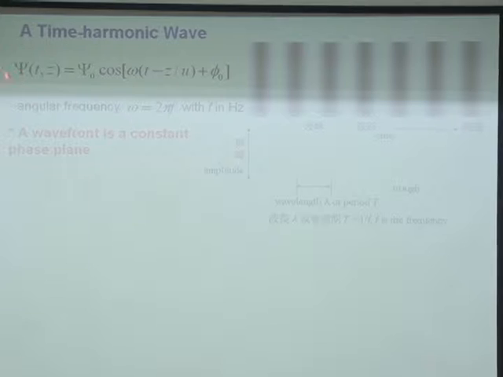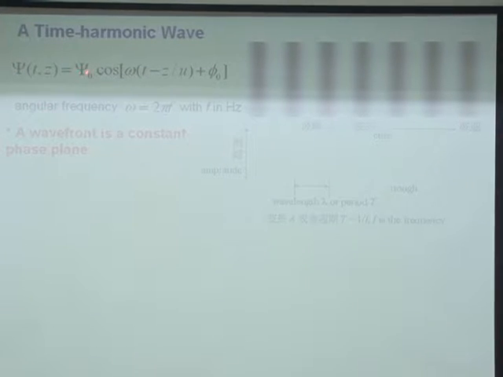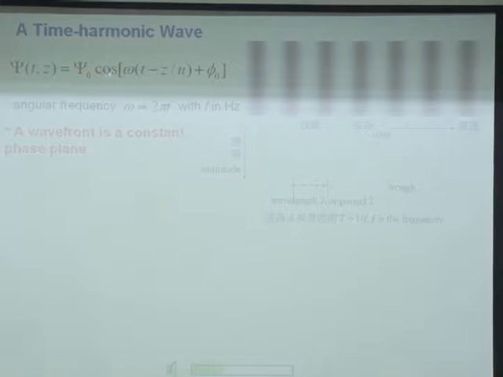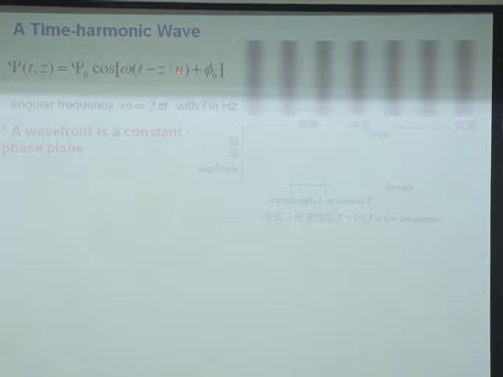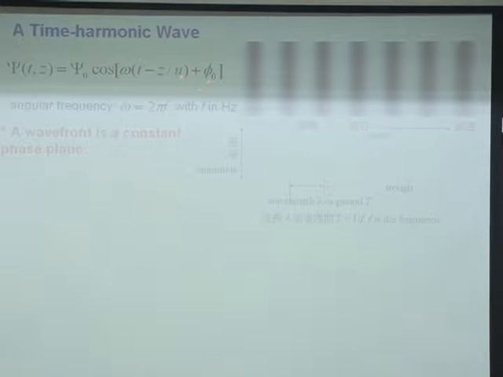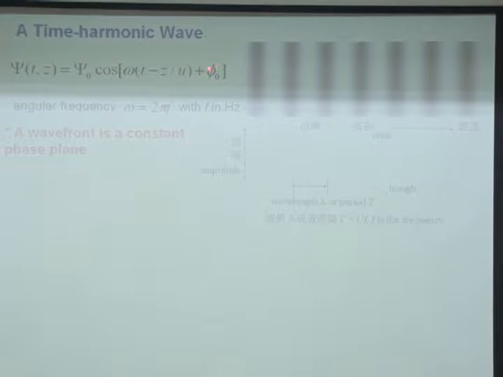And so we express the amplitude, the solution of the wave into this expression. This is the amplitude of the cosine. And then for plane wave, we put t minus z divided by u into this expression. But at t equal to 0, at position equal to 0, then you could have some arbitrary phase to start with. So usually we'll put this constant phase term in the end.